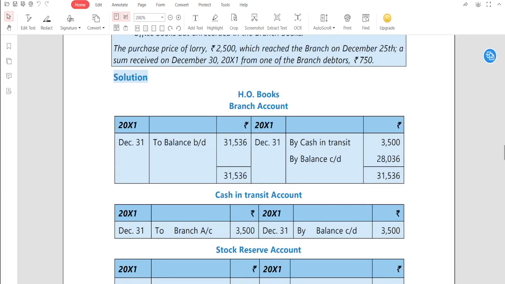But in the branch account, we have to reverse the transaction first. You can see it is the books of HO. Sorry, I am making a small mistake. I am talking about the books of the branch, where the entry will be HO account debit to cash in transit. But in our case, the entry will be cash in transit account debit to branch account. Okay, that is what we have done.